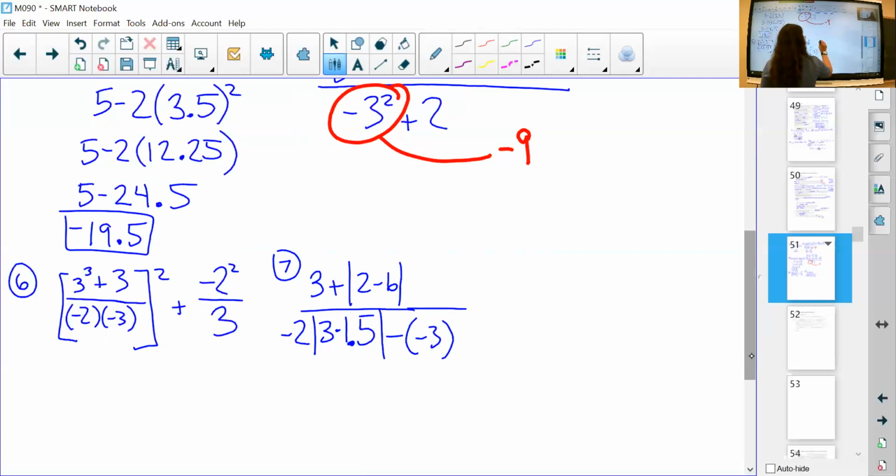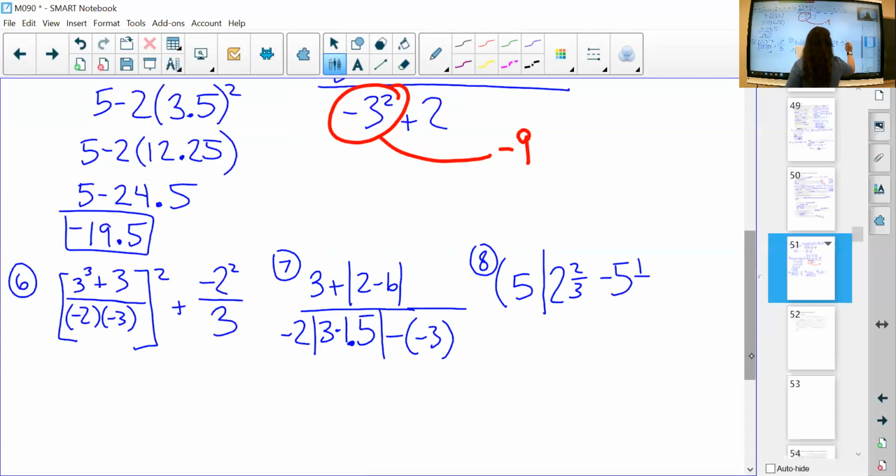And finally, number 8. We have 5 times 2 2/3 minus 5 1/2. Let's cube that whole thing. So start with the grouping symbols, start with the innermost, and I'm going to subtract.